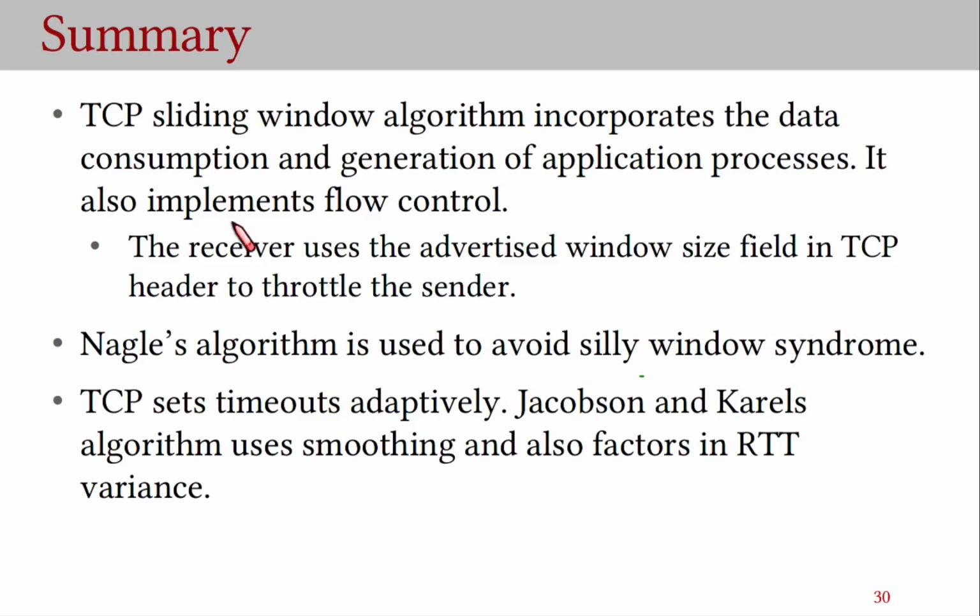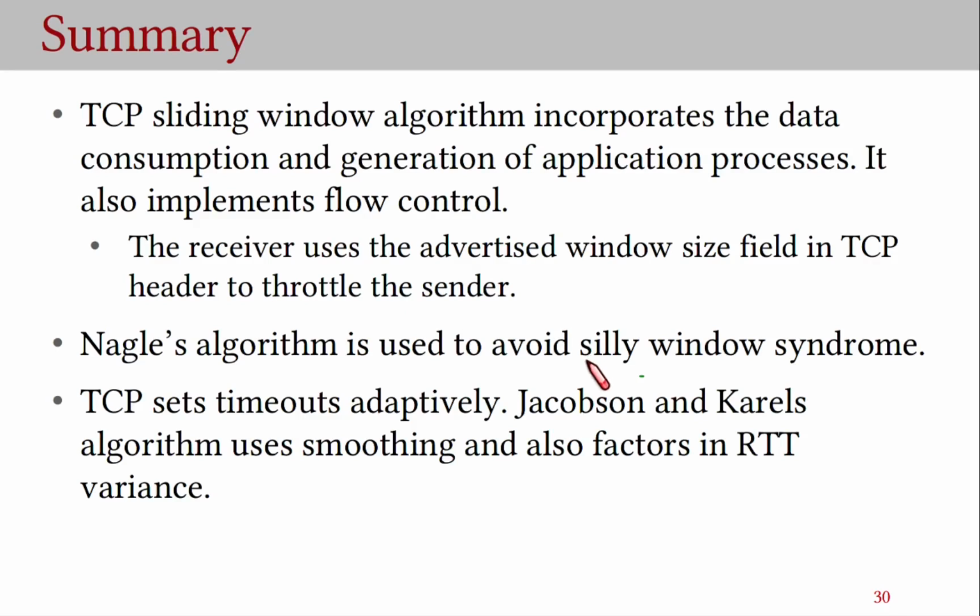We also saw that the TCP sliding window implements flow control using the advertised window size field that it sends along with the acknowledgement. This advertised window size is used to throttle the sender. According to whatever buffer space remains, the sender could even be blocked from sending data.